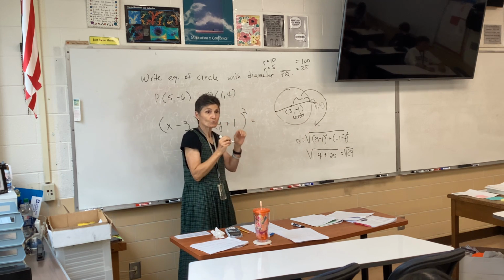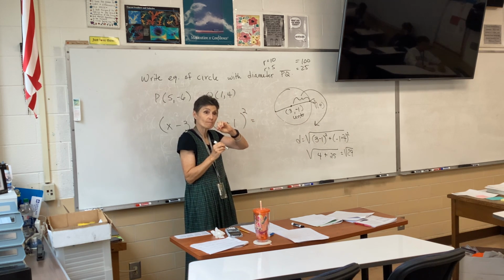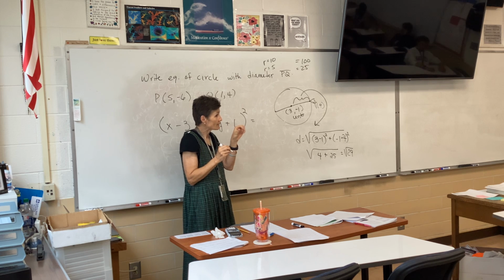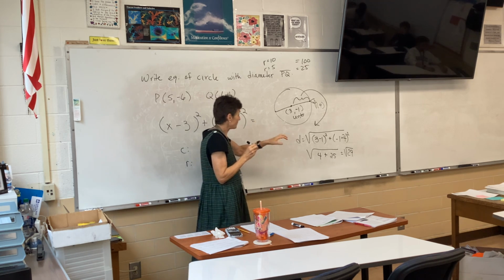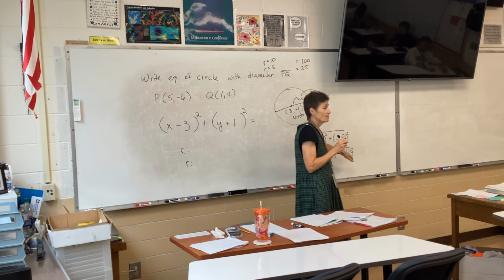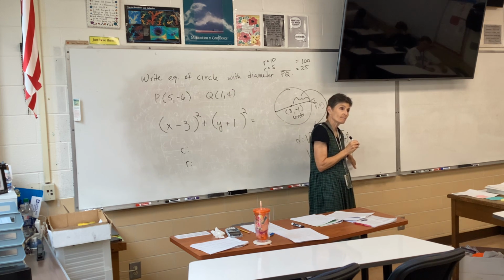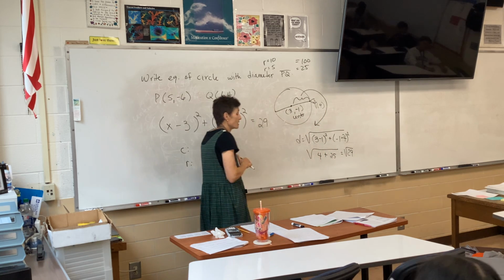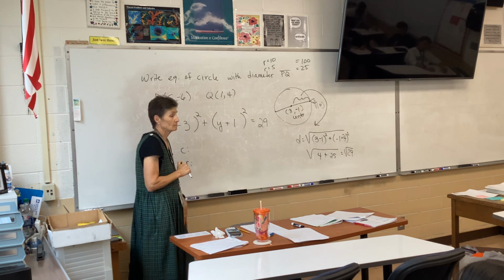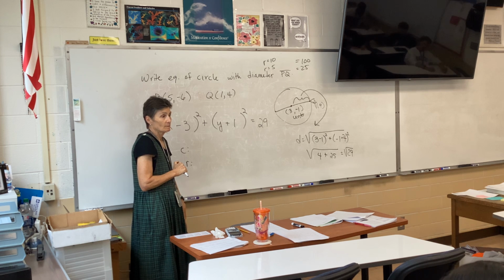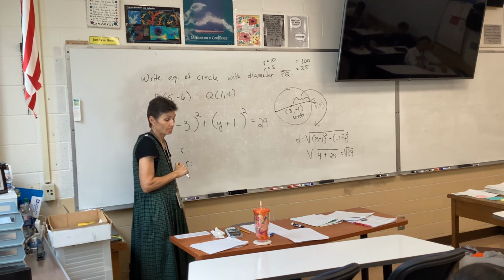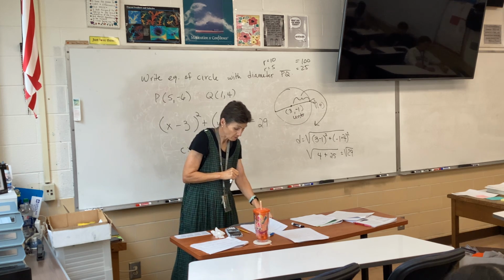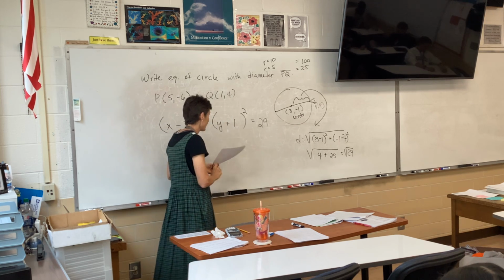So in other words, to write your equation, you have to take your radius and square it. What happens when you square the square root of 29? It's just 29. So that's what goes there. Okay? All right, that was an extra because I thought maybe we needed a little more practice with that.